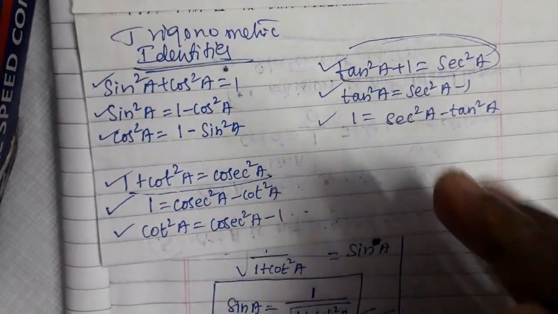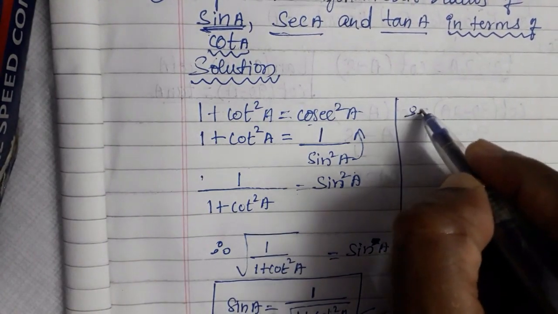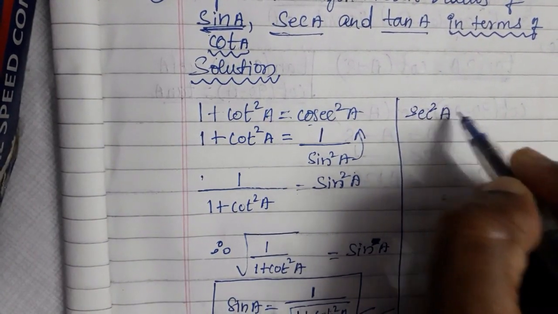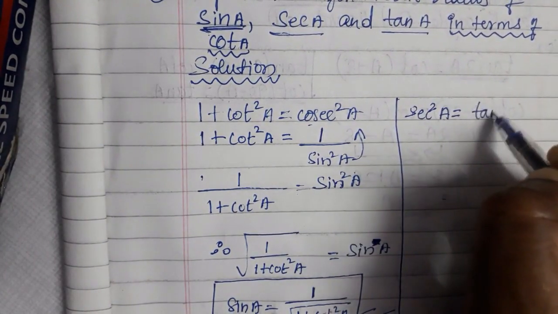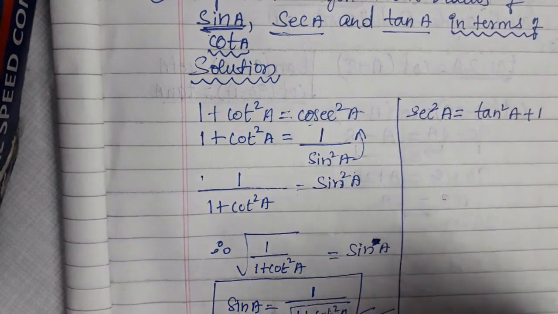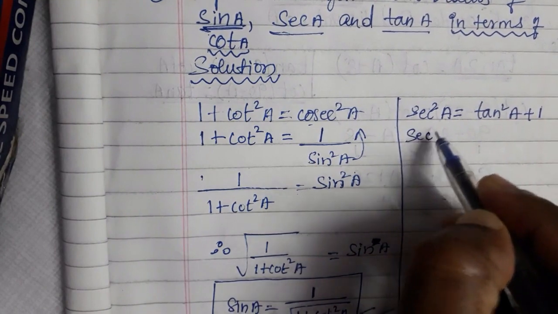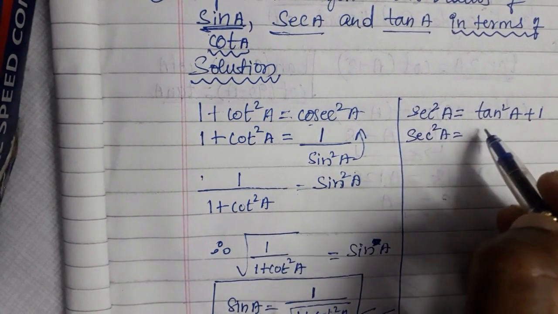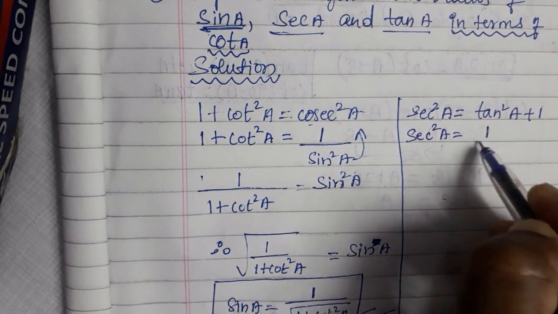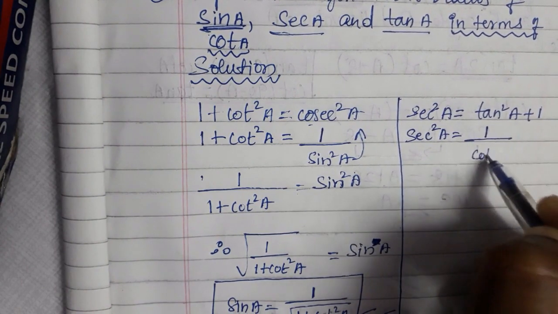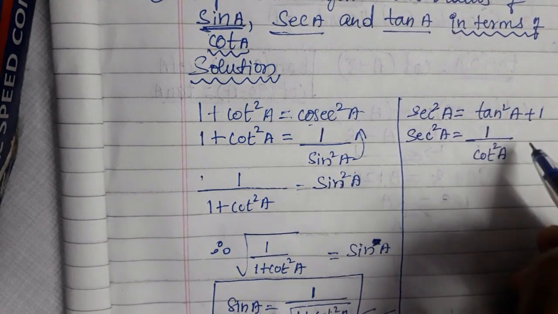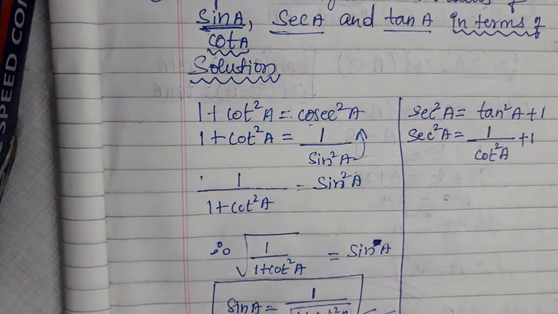Secant square A is equal to tan square A plus 1. Then continue: tan can be easily converted into cot, as the reciprocal of tan is cot. So secant square A is equal to 1 by cot square A plus 1.